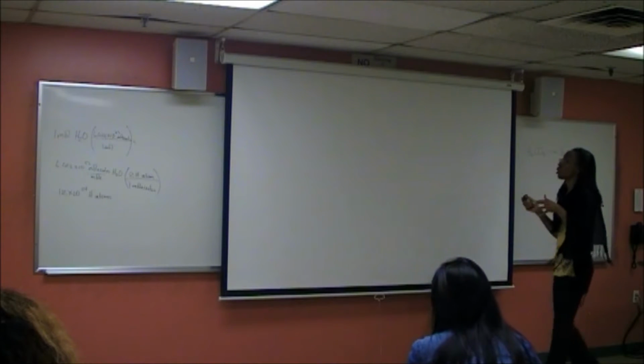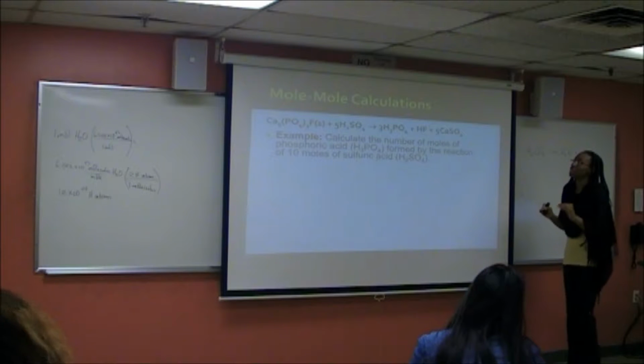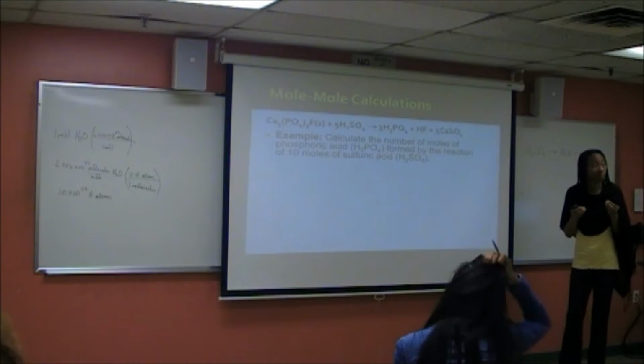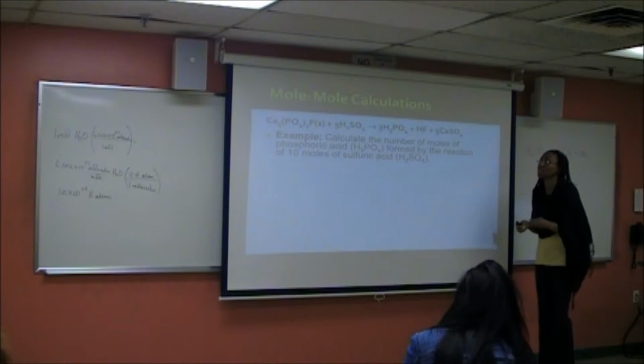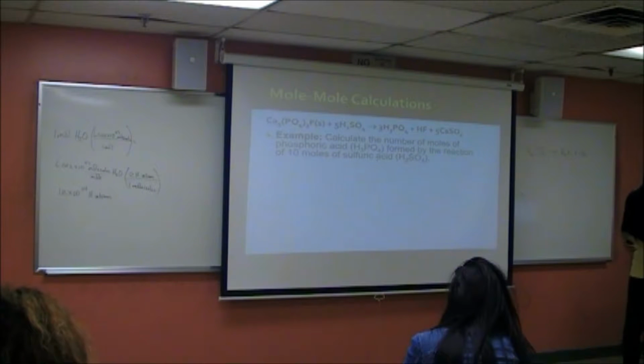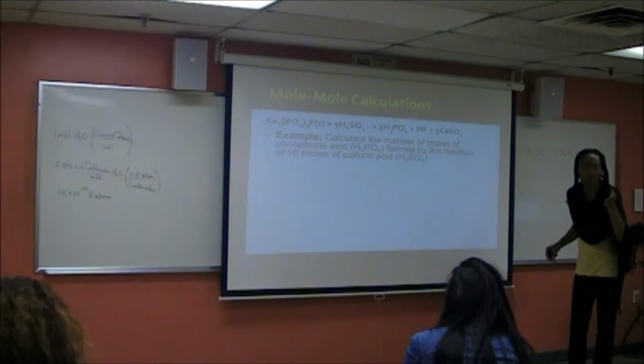Okay? So here again. Calculate the number of moles of phosphoric acid formed by the reaction of 10 moles of sulfuric acid. What is your given? It's not phosphoric acid.